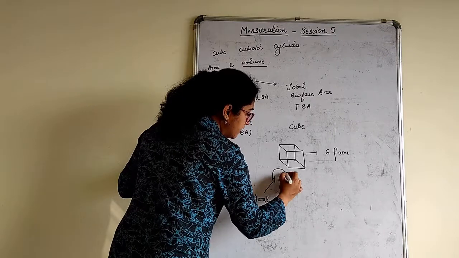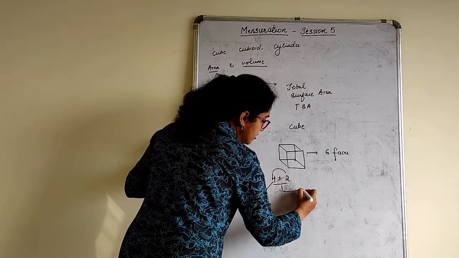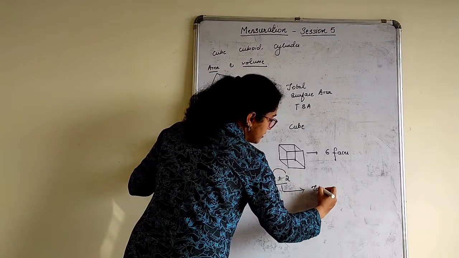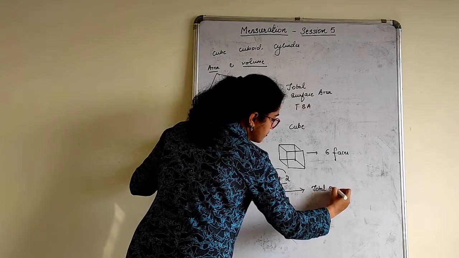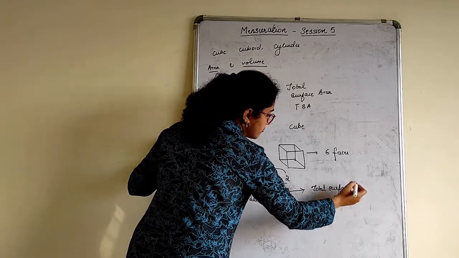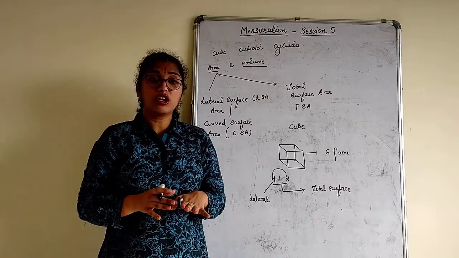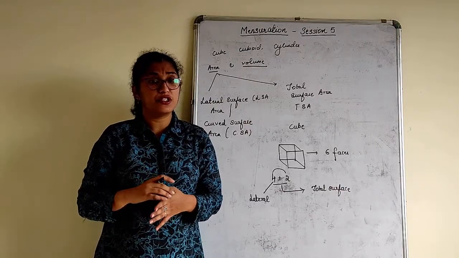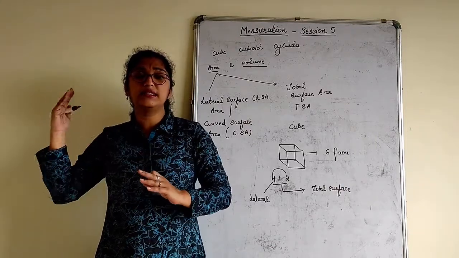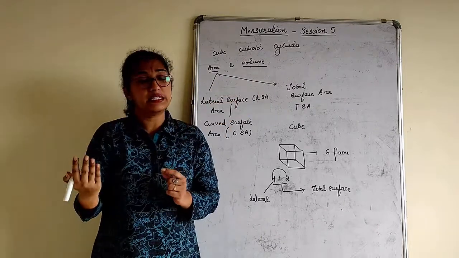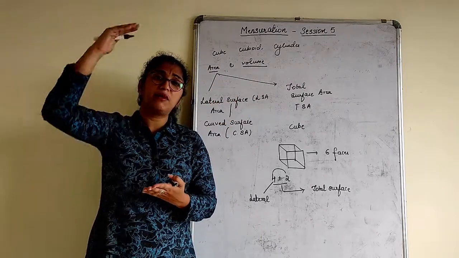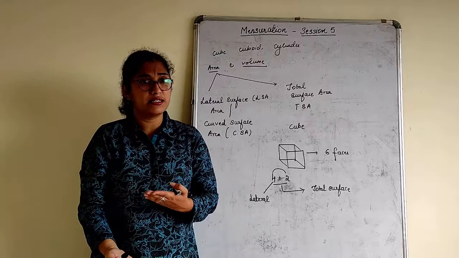Together 4 plus 2 is called the total surface. That means when we talk about the lateral surface area of a solid figure, we only consider the surrounding sides. We do not consider its roof and its base.